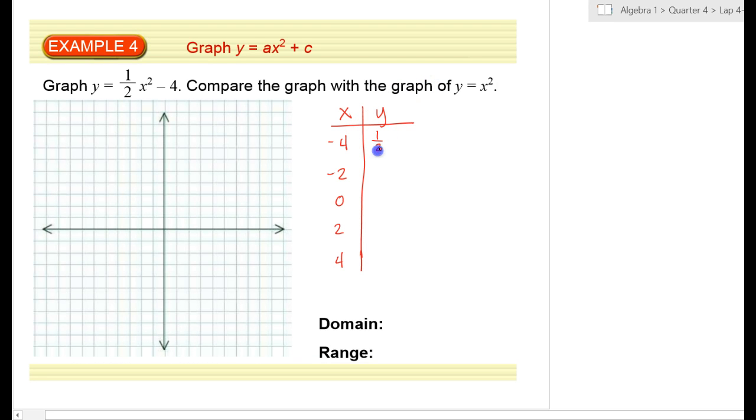When I plug in -4, 1/2 times -4 squared minus 4 gives me 1/2 times 16 minus 4. That's 8 minus 4, so 4.